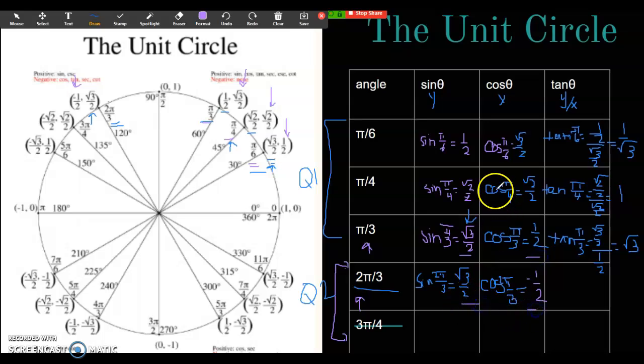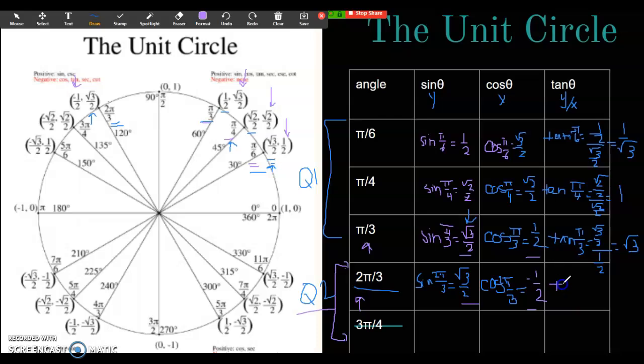And if you're thinking they are exactly the same values, you are correct. Except what do we notice? The cosine is negative. And it makes sense because we said, hey, the only thing that's positive in quadrant 2 is sine. So it would make sense that the sine is positive, but the cosine is negative.